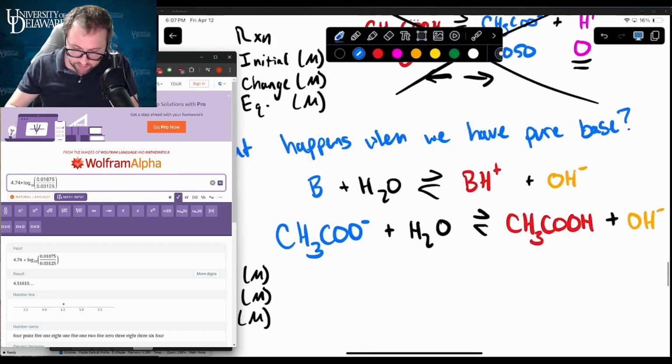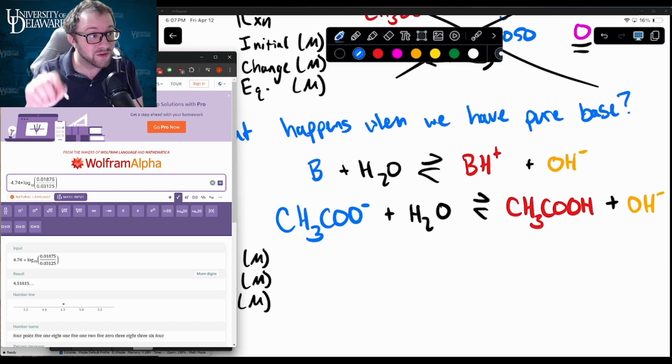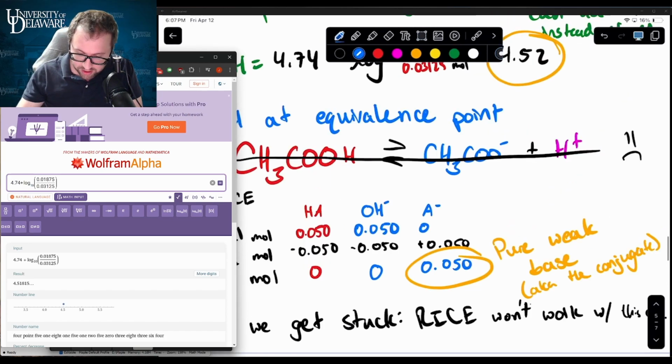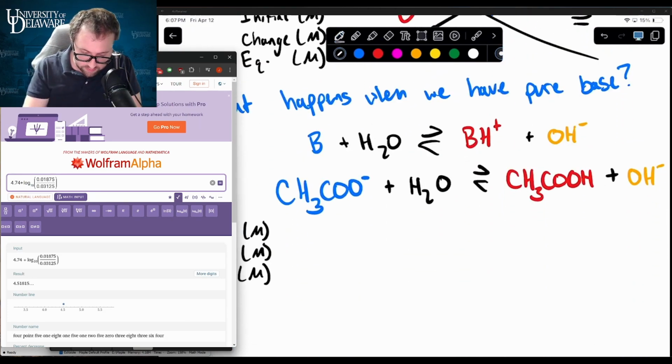Boom. So now we know we're starting with, and again, what's our volume here? We added 200 milliliters. So we had to add 200 milliliters of NaOH to get here to our 50 milliliters of vinegar. So remember, our volume at EQ is going to be 50 milliliters plus 200 milliliters makes approximately 250 milliliters.